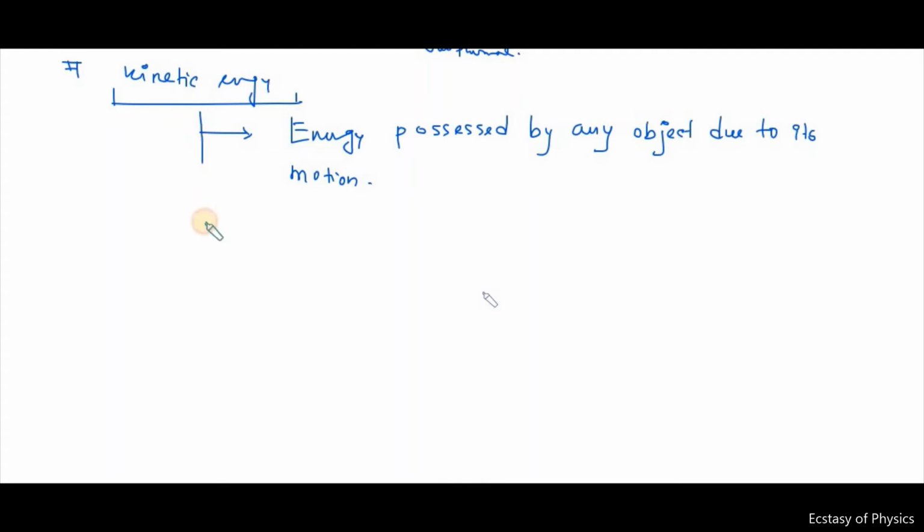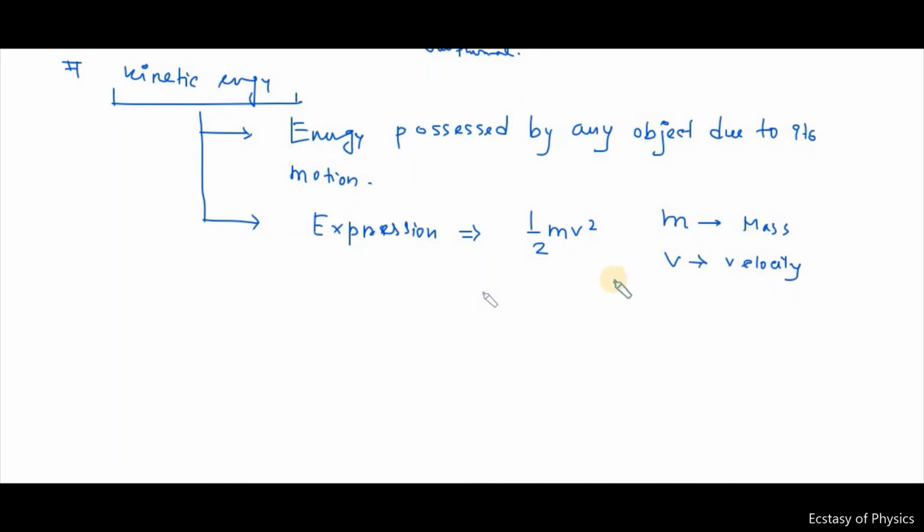The mathematical expression of kinetic energy can be represented as half m v square, where m stands for the mass of the object and v stands for the velocity of the object, which means if the object is in rest condition, the kinetic energy would be 0.